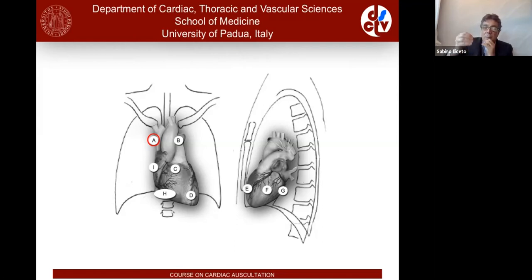Then the valve becomes calcific and is still capable of moving. Then there is a sort of metallic sound that is the result of calcium knocking another calcium. But then the valve becomes rigid, strong, with no further movement, and that's the moment in which the second heart sound disappears and the murmur becomes very important.